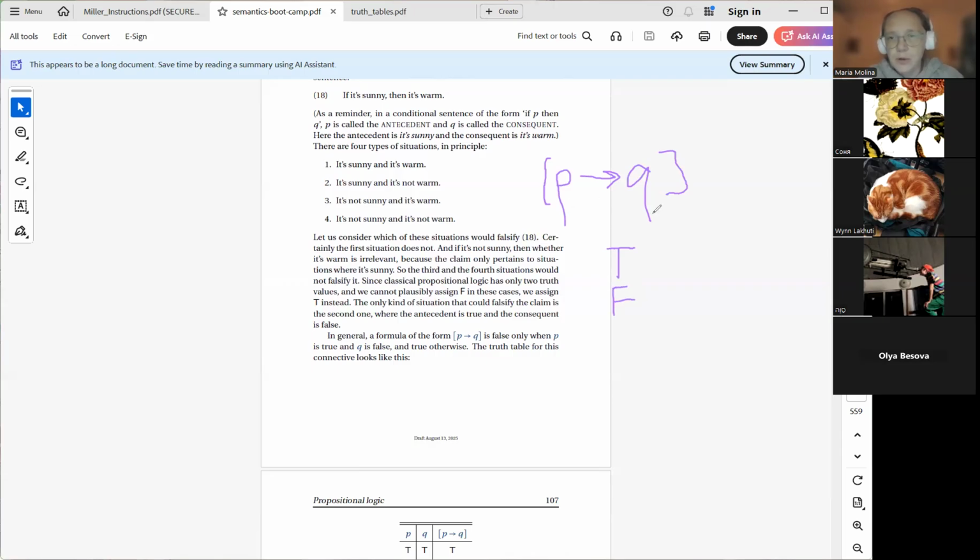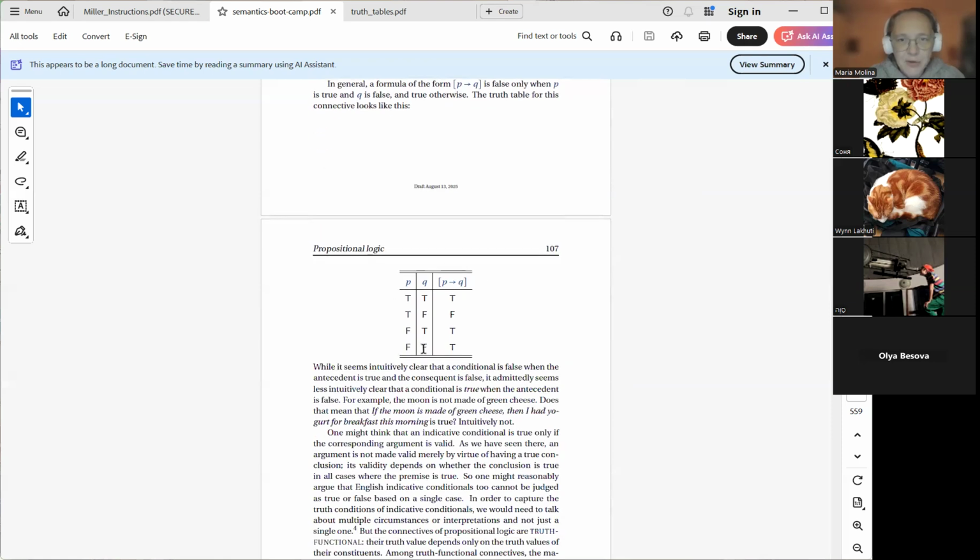P is false, Q is true: I mean, that's ambiguous, I think. Okay, we do not know. And if P is false, Q is false, we also don't know, I think. Okay. Hopefully we are going to discuss it further.